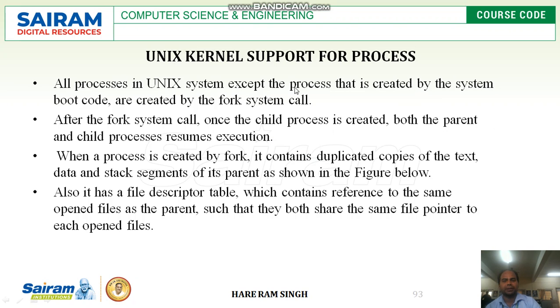Now all processes in a Unix system, except the processes created by the system boot code, are created by the fork system call. We have been studying that in the previous videos many times: any process can be created using the fork system call, but some beginning processes, which are called system processes, will be started when the system gets on.